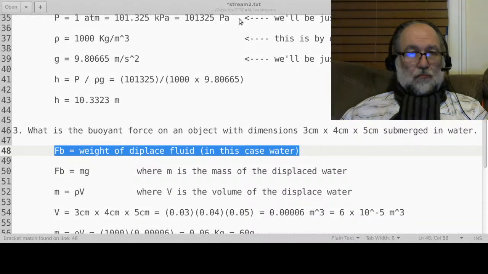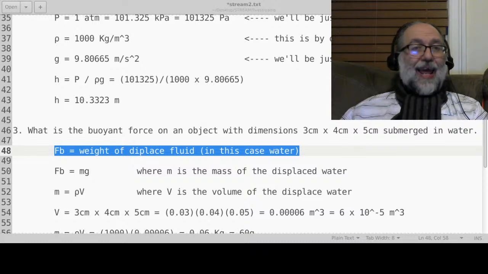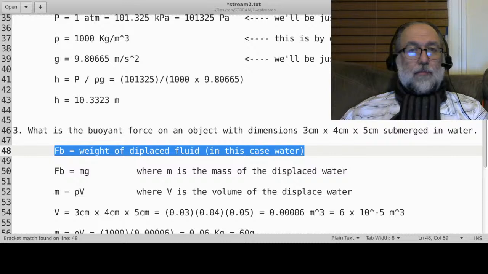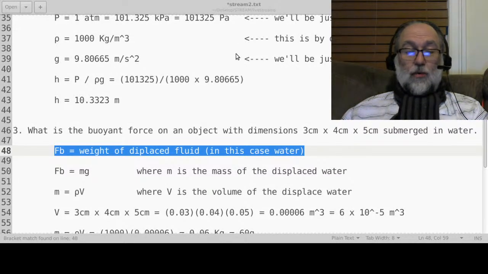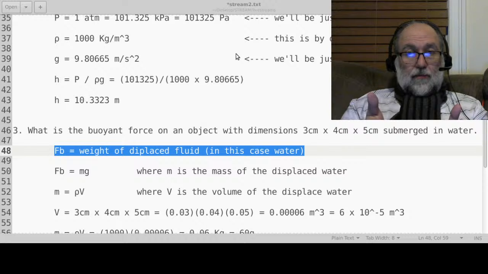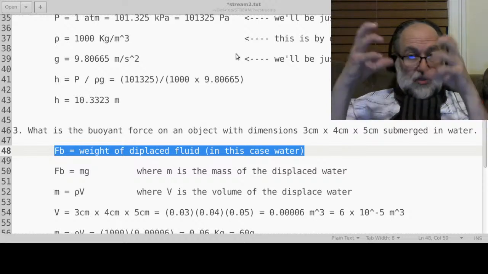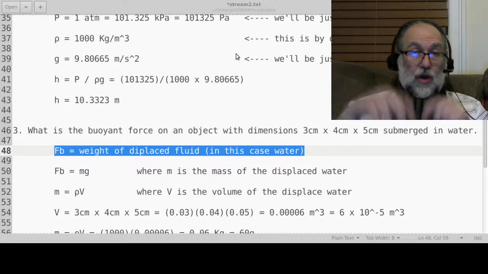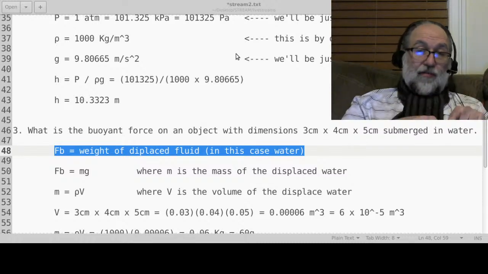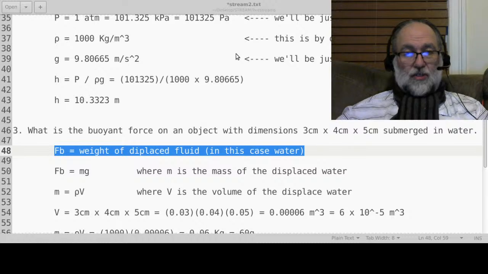Basically, the buoyant force is just the weight of the displaced fluid. Now, what does that mean? You've got this object, and it doesn't matter what the object is. When you submerge it in the fluid, where the object is, there would have been fluid, and whatever fluid was there got displaced, pushed aside.